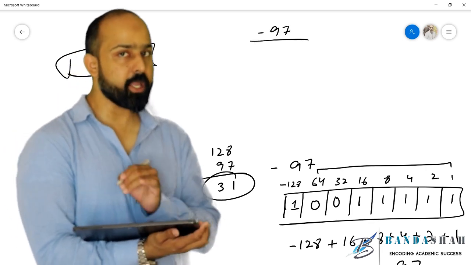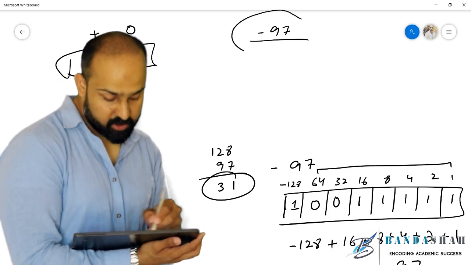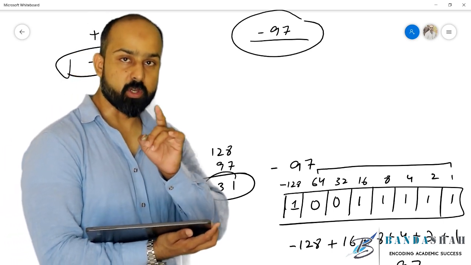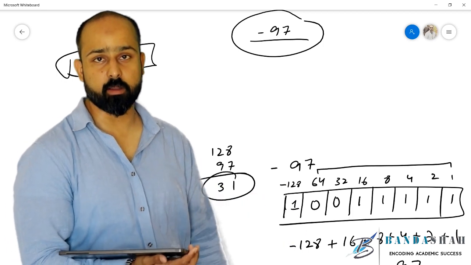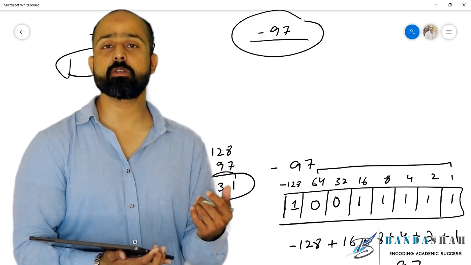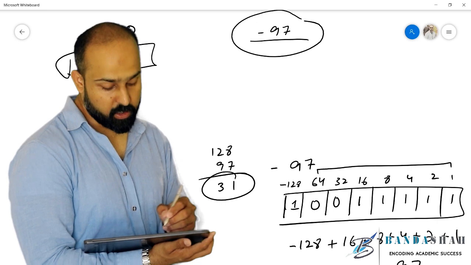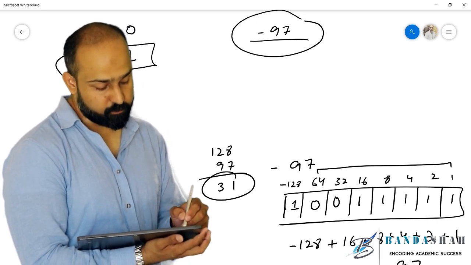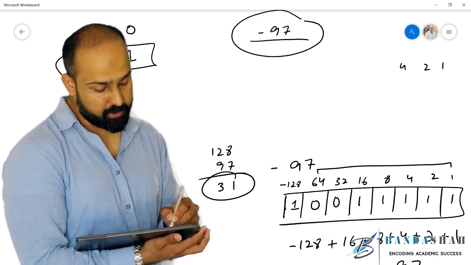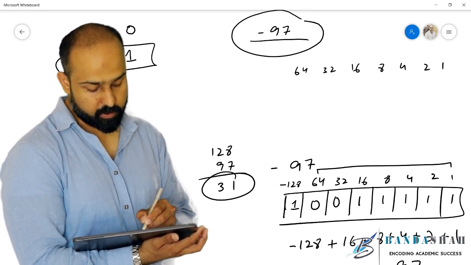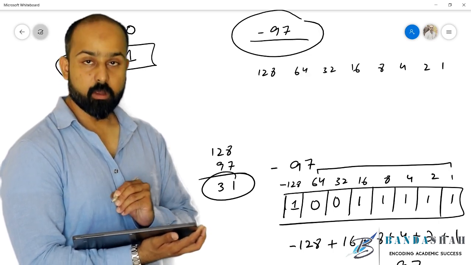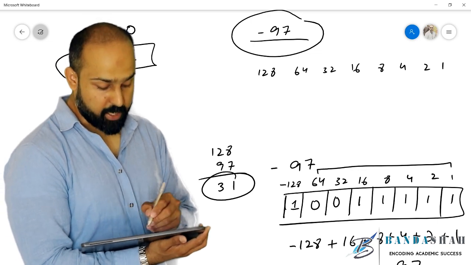The other way is you first find out the positive 97. If you're going to convert a number with a negative sign, first find out the positive value of it. So plus 97 is pretty easy using an 8-bit register.